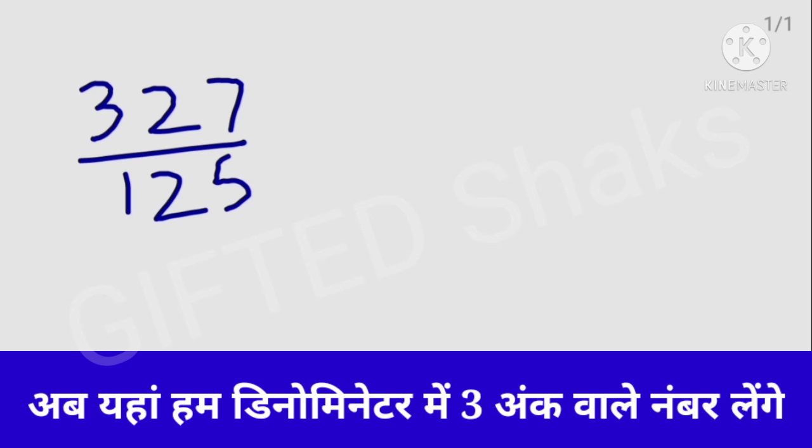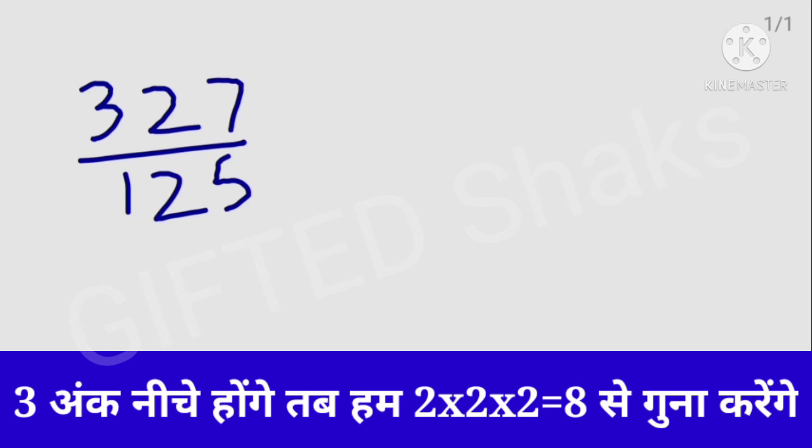Now since this is a 3 digit number, I will multiply this by 8. When I multiply this by 8, what I get is 2616.